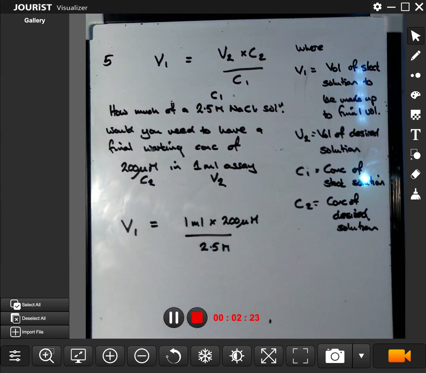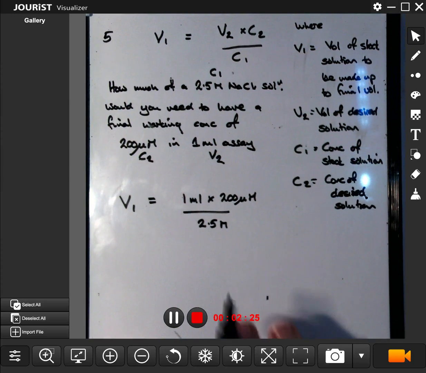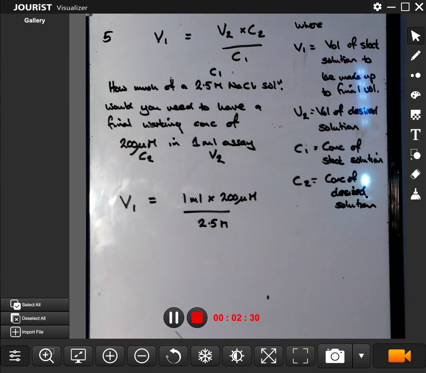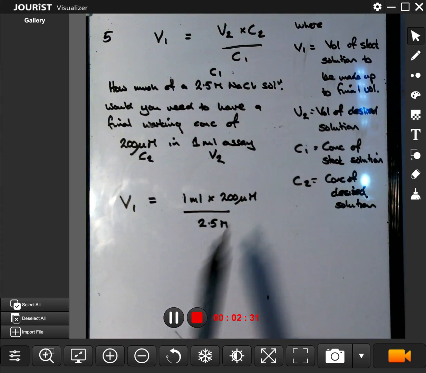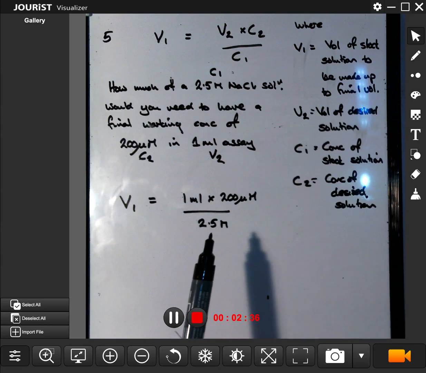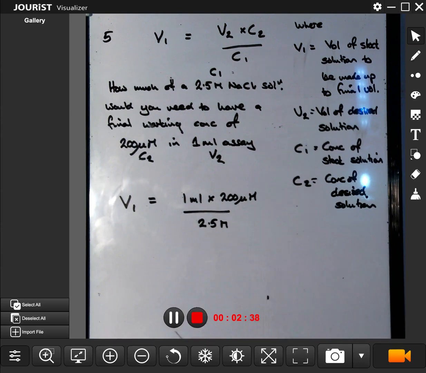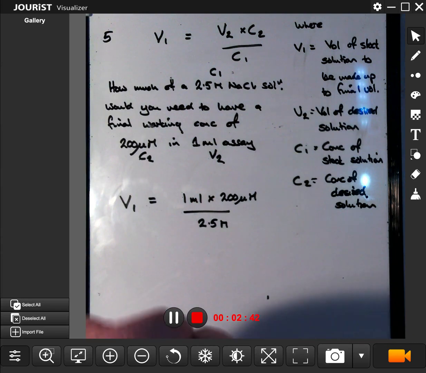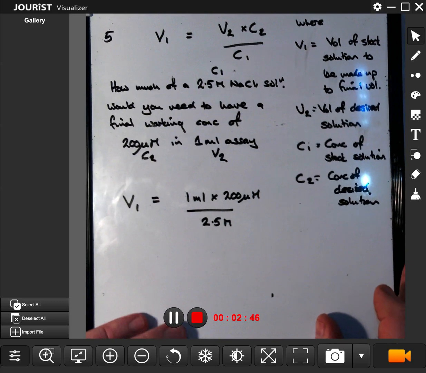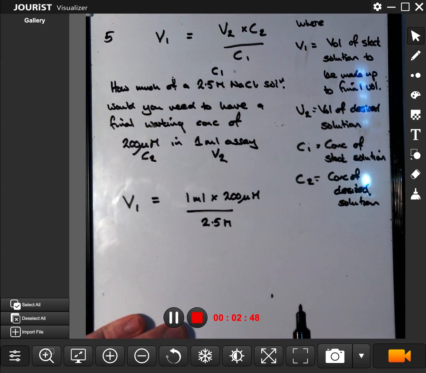When I'm looking at this, it looks problematic because we've got micromoles and moles in the one calculation. It's essential that they're all in the same units. 200 micromoles and 2.5 moles, there's quite a big difference between these. So I'm going to choose a compromise of working in millimoles.